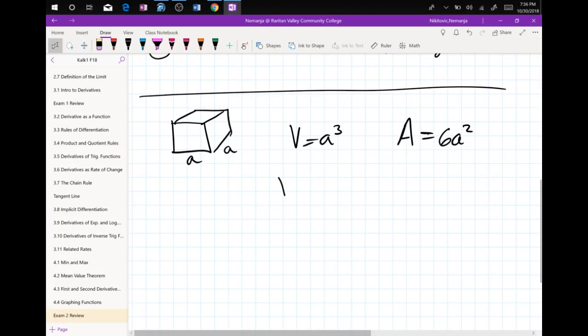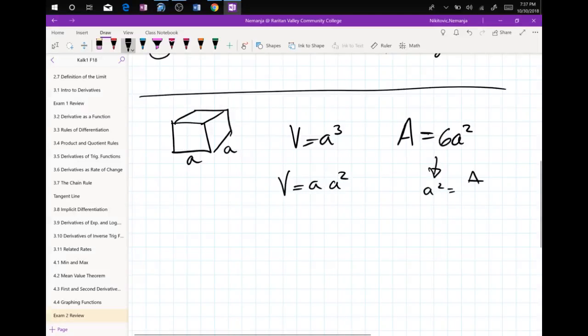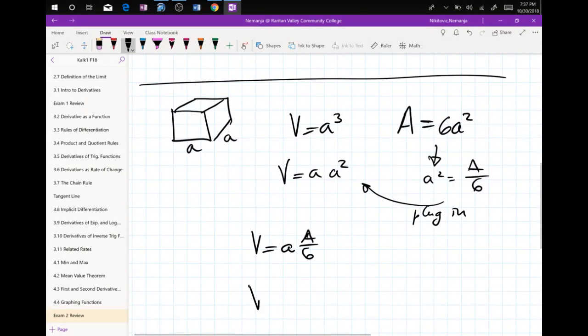You can write volume is equal to a times a squared. Over here, a squared is equal to area over 6. And now you plug that in. And what you get is volume is equal to a times area over 6. So there you go.